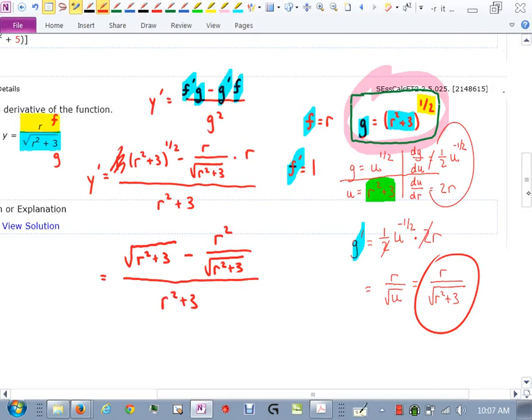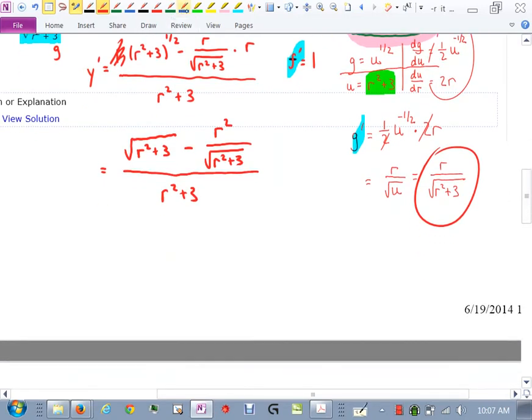And to clean it up a little bit more, I can get a common denominator in the numerator. So remember, this is over a 1. I'll need to introduce on top and bottom square root r squared plus 3 over square root r squared plus 3. That way we both have the same denominators and we can put them together.